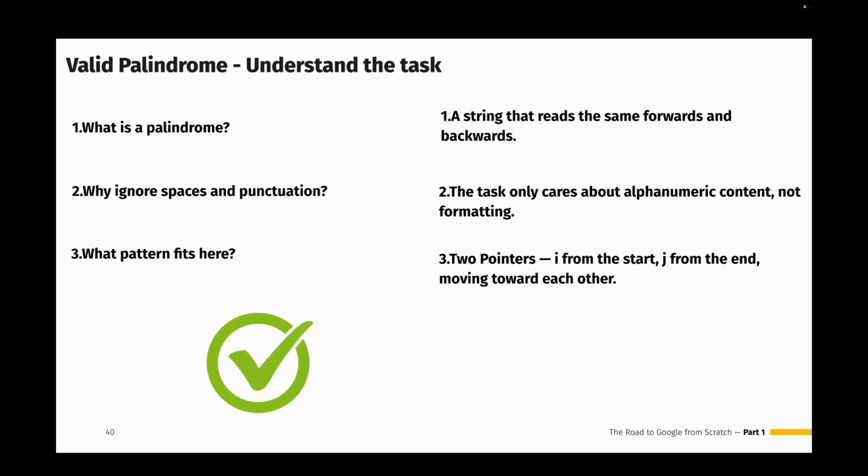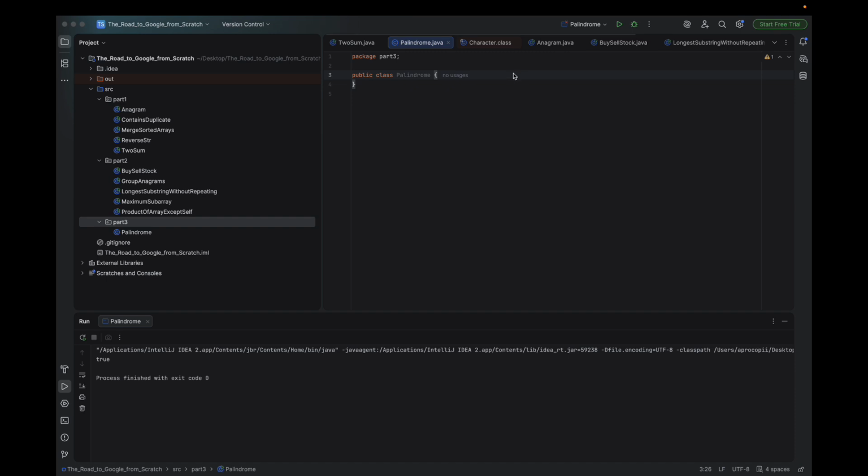Okay, now let's see how we can implement this. Let's create our method, public static, like always. And like we already saw in the condition, we need to return true if it's a palindrome, or false if it's not.